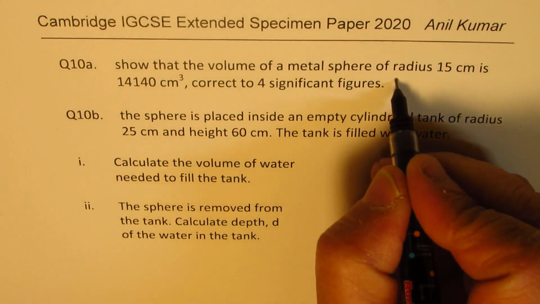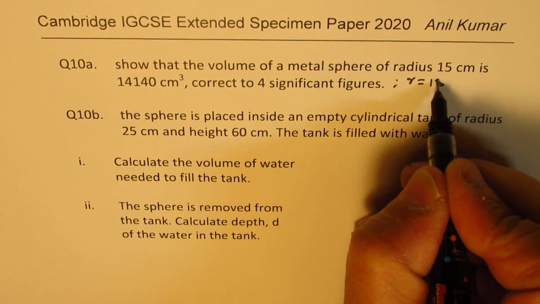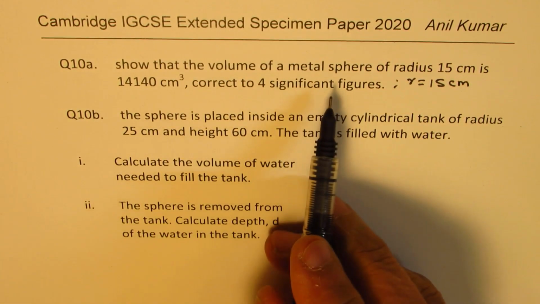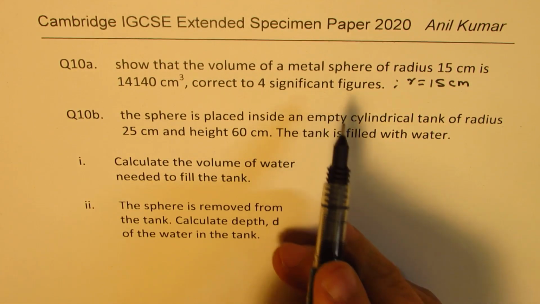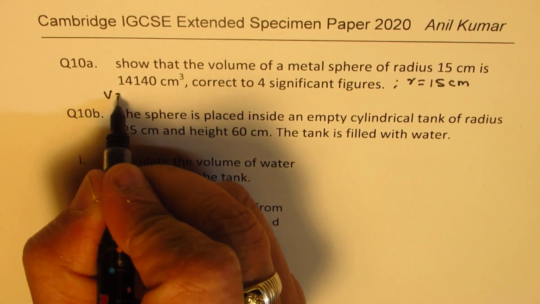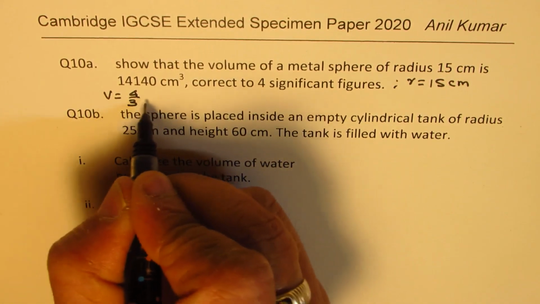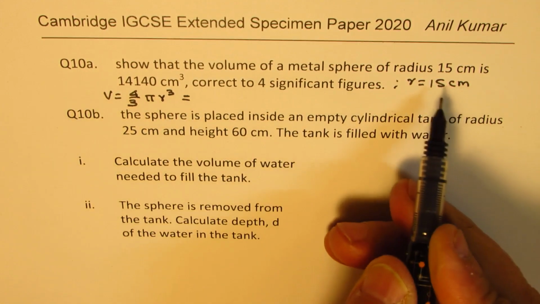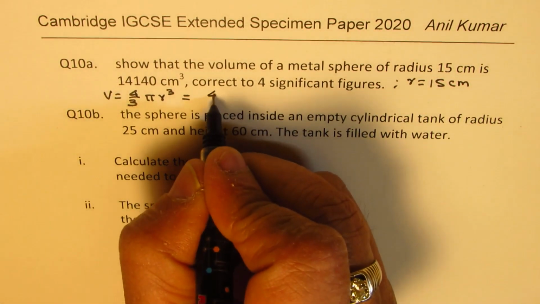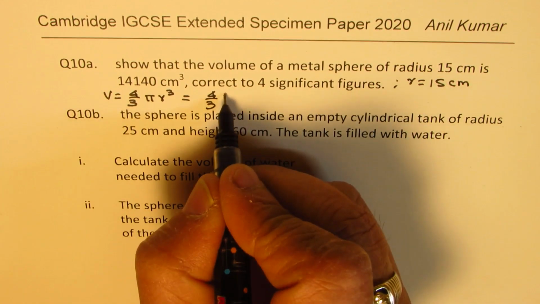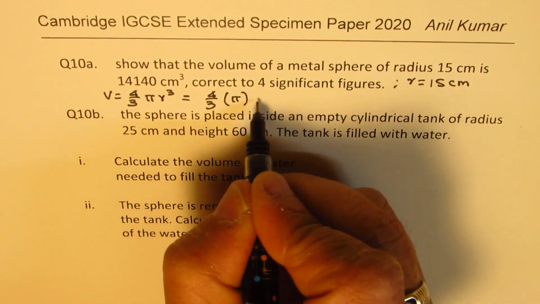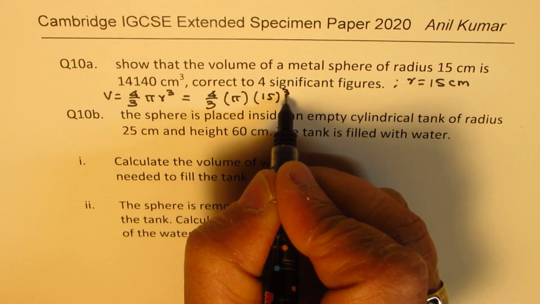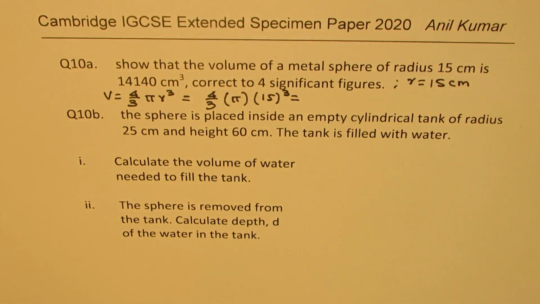Now we are given the radius, which is 15 centimeters. You're also given the formula for volume of a sphere, which is 4 by 3 pi r cubed. So we know volume is 4 by 3 pi r cubed. This is the formula. So we'll just substitute 15 here and calculate the value. So we have 4 by 3 pi, r is 15 for us, 15 cubed, and we'll just find this answer, right?